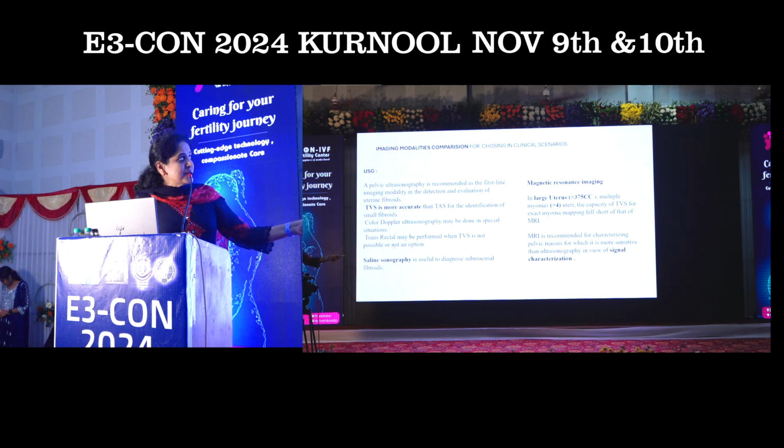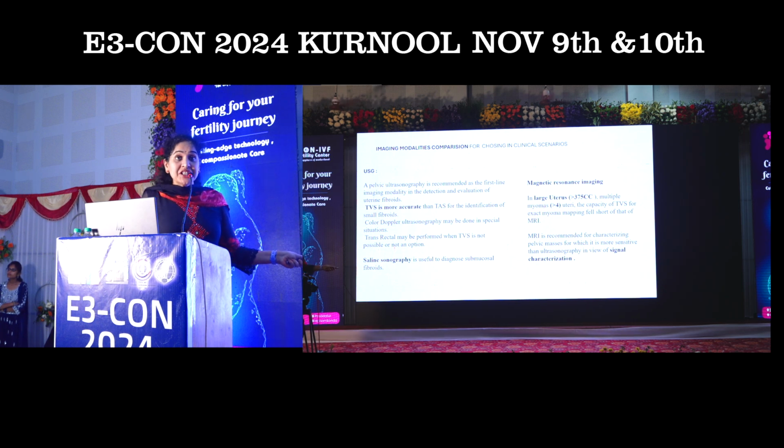So whenever the uterus is large, more than 375 cc, or there are multiple myomas, more than 4, requiring an objective characterization of individual fibroids prior to surgical mapping, definitely you should refer for an MRI. Whenever the capacity of TVS for exact myoma mapping falls short, then MRI comes into play. An additional strength of MRI is that it provides signal characterization, meaning it will give you a macroscopic picture of the composition of the fibroid.